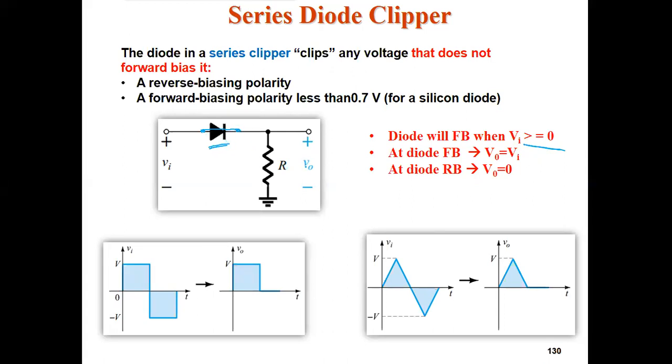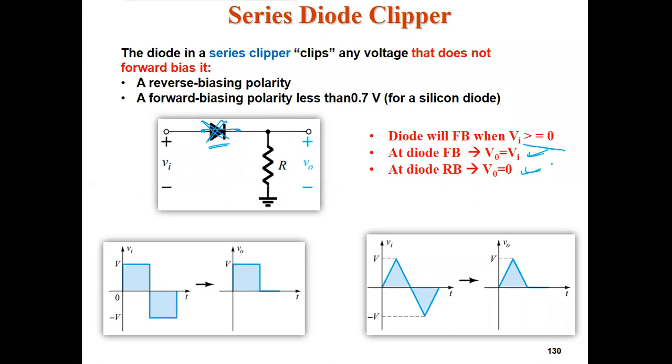At that time your V0 will be equal to Vi, because the diode is not consuming anything. Whatever input you are applying will appear at the output, so V0 equals Vi. And when it is reverse biased, the diode is open or not conducting, so your V0 equals 0. So these three conditions you calculate.